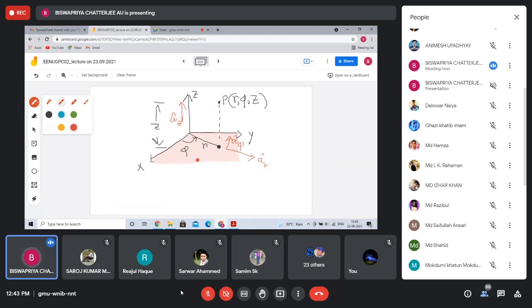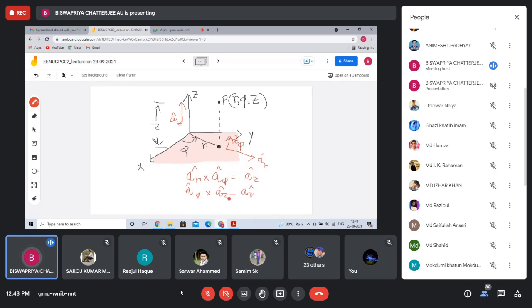Now in case of cylindrical system, I quickly write down those results. AR cross Aφ will be given by AZ. Aφ cross AZ will be equal to AR.